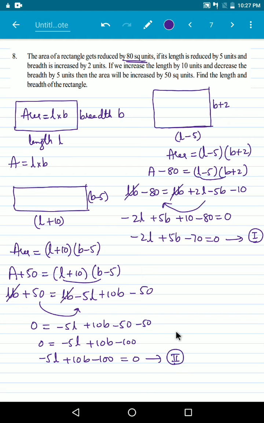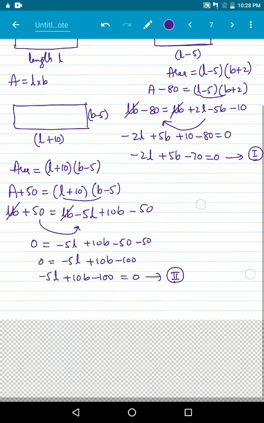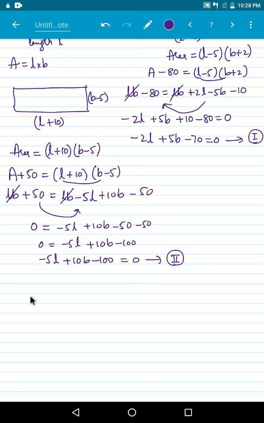All right, we have two equations now. Let us simplify these two equations using the elimination method. First equation is minus 2L plus 5B minus 70 is equal to 0, and the second is minus 5L plus 10B minus 100 is equal to 0. Let us multiply the first equation by 5 and the second equation by 2.